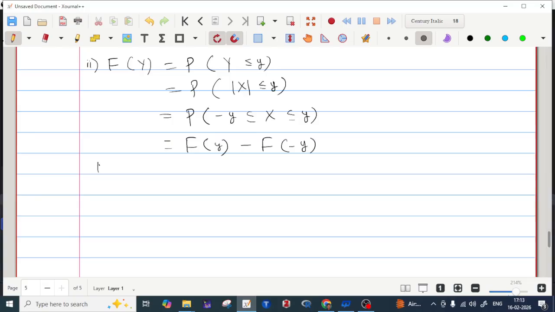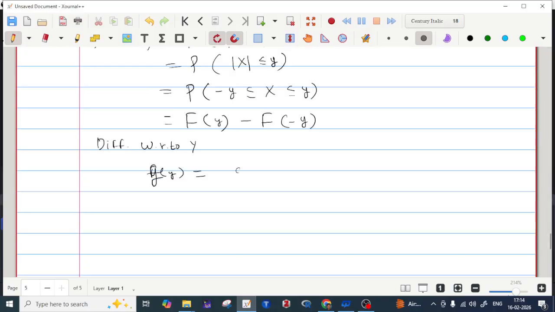Now differentiate this with respect to y, or you may call this g(y). The derivative of the distribution function is simply f(y) plus f(minus y), which is 2 times f(y).